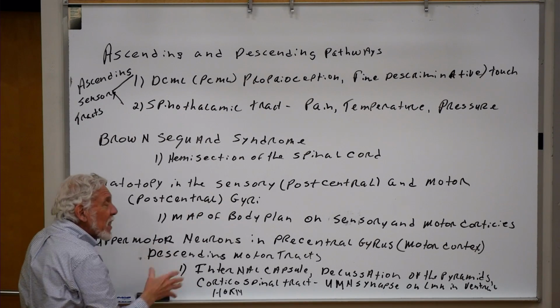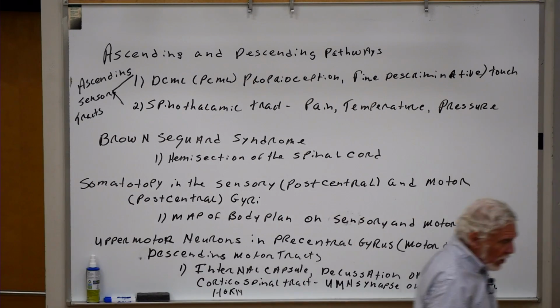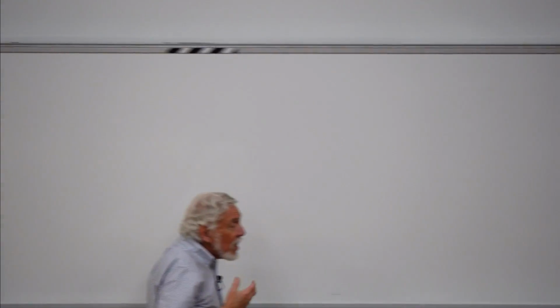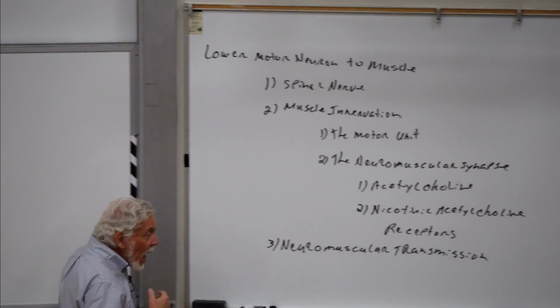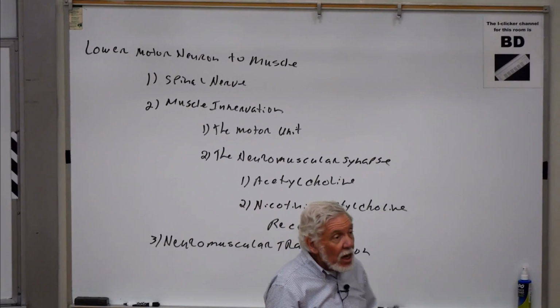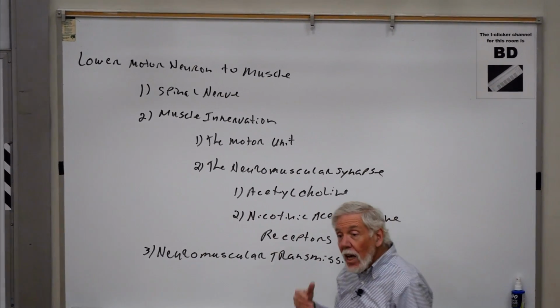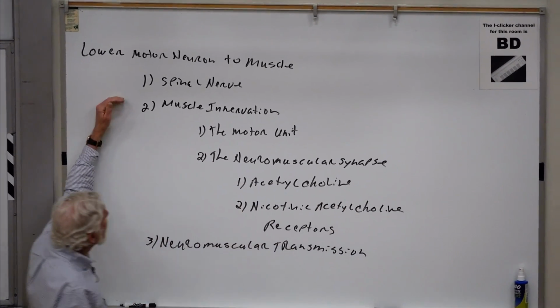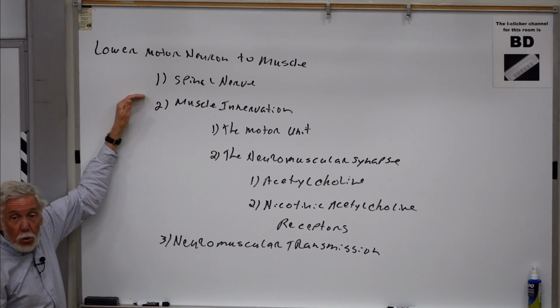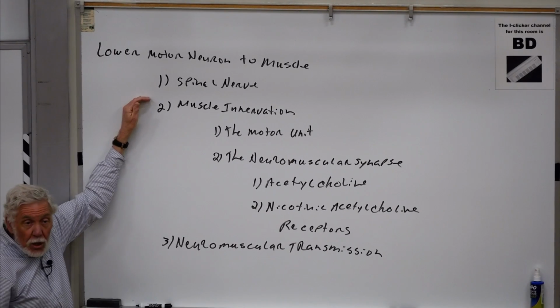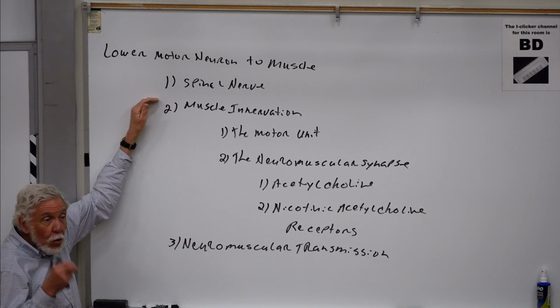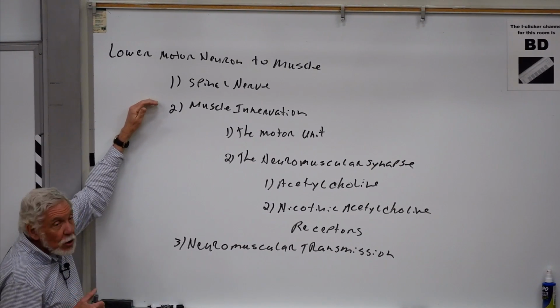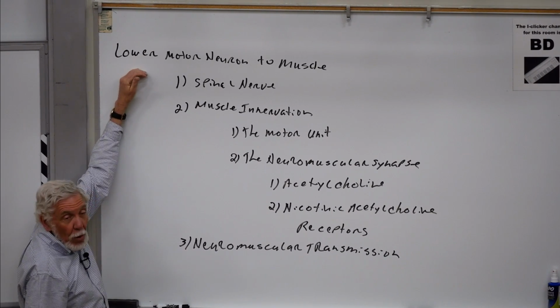But the long and the short of the descending pathway is the upper motor neuron, whose cell body lies in the precentral gyrus, and then has this great long process that goes all the way down the spinal cord. The terminals of those upper motor neurons will reside in the ventral horn of the spinal cord. So they're going to go directly into the ventral horn, and they are going to innervate lower motor neurons.